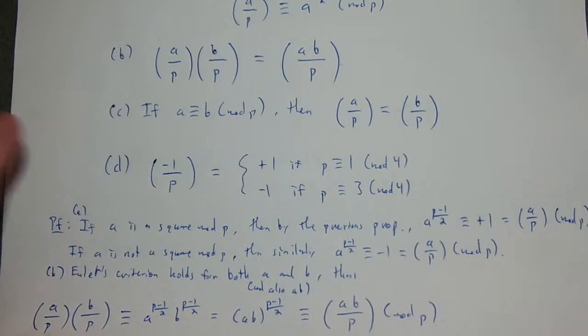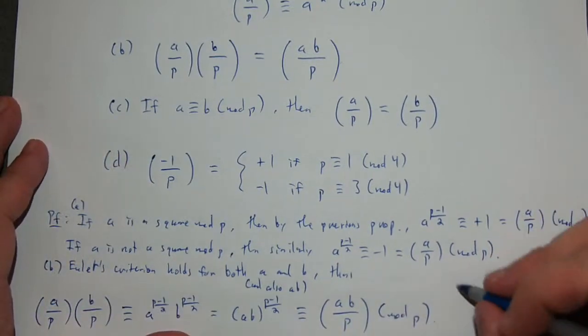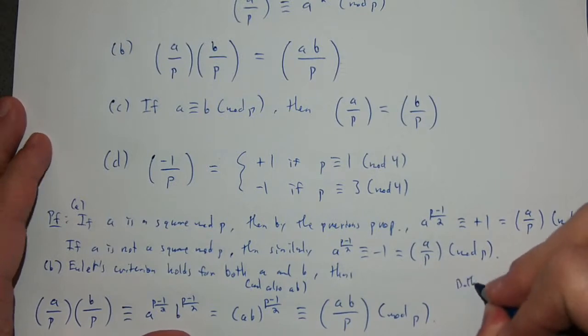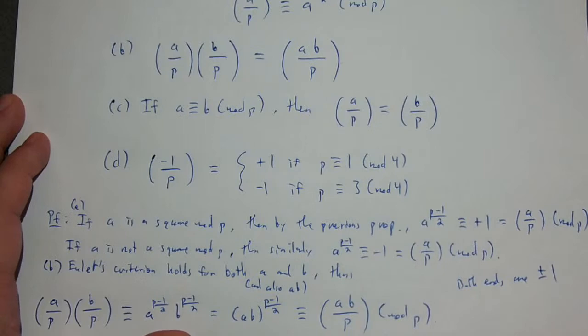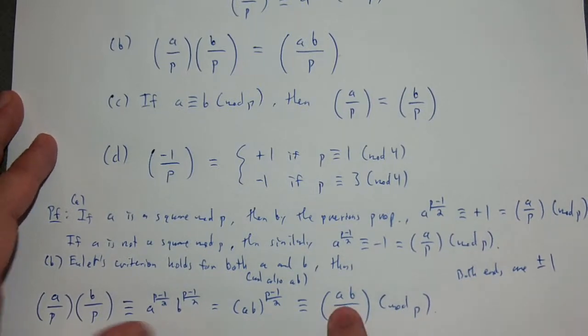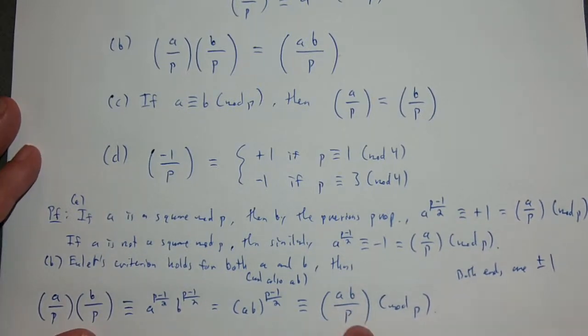Well, both ends are plus and minus 1, right? Whatever these are, the only possible values a Legendre symbol can have are plus or minus 1. So whatever this is, it's plus or minus 1.